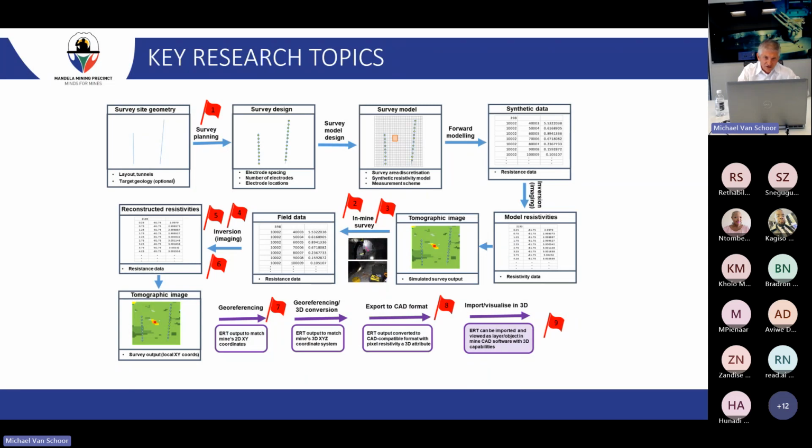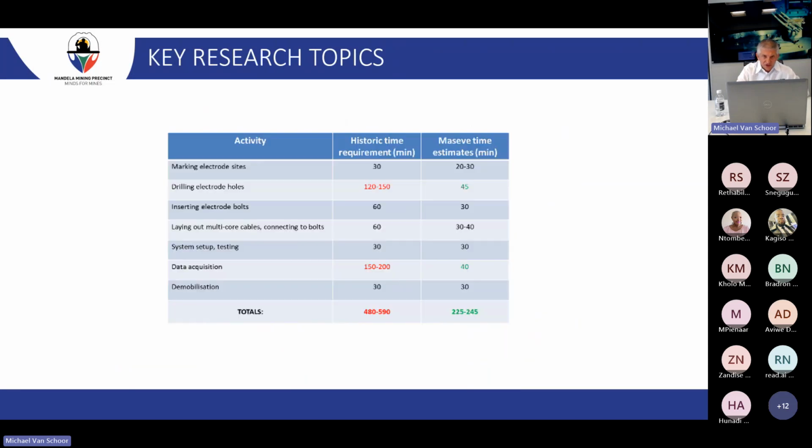I'm not going to go into a lot of detail, but just to show you what we achieved, we made some changes. Also, some of the technologies improved since the Platmine days. For example, something simple like your portable drilling technology, using lithium batteries instead of the battery technology that was around 20 years ago, allowed us to cut the survey preparation time quite significantly.